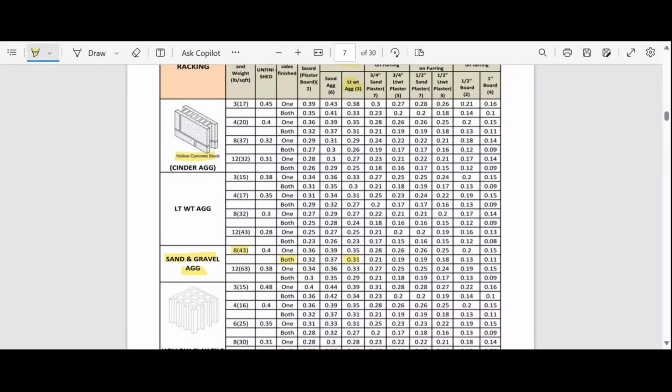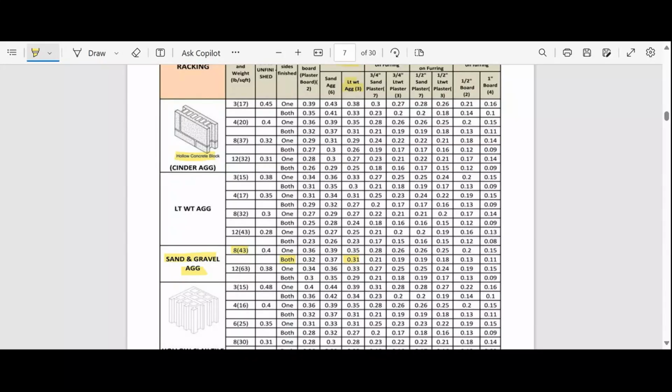Here delta T is a fixed formula, sir: ODBT minus IDBT minus 5 degree Fahrenheit. Outside dry bulb temperature minus inside dry bulb temperature minus 5 degree Fahrenheit. So which is 106 minus 75 minus 5, which is 26 degree Fahrenheit. We have A value, U value and delta T value.